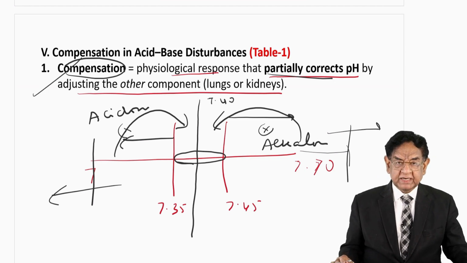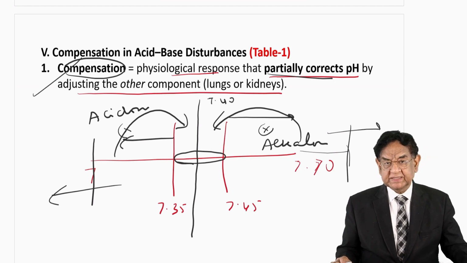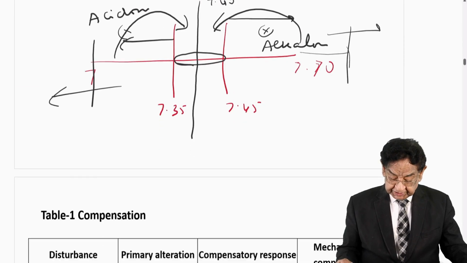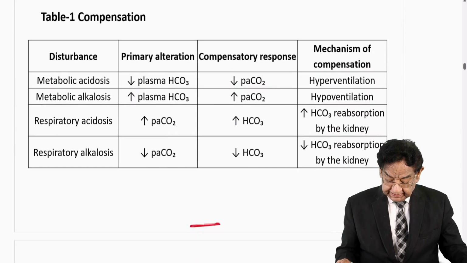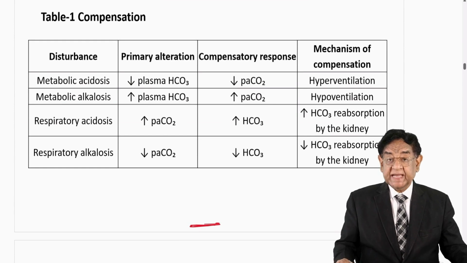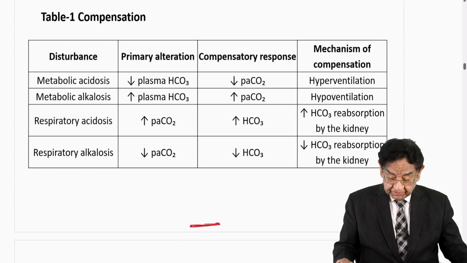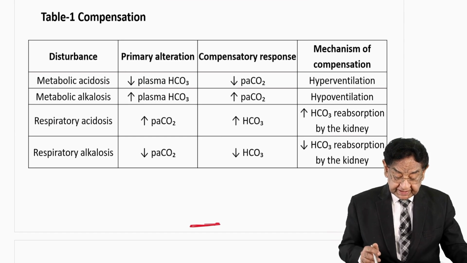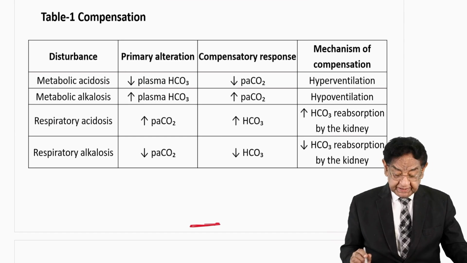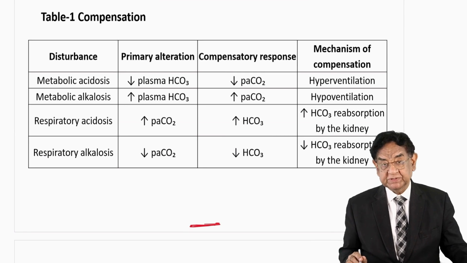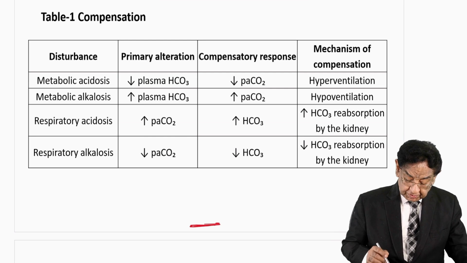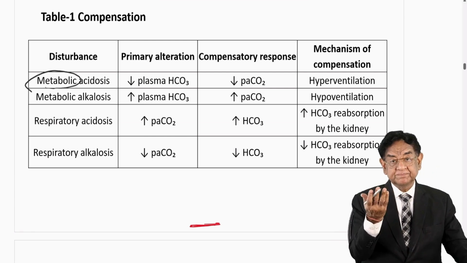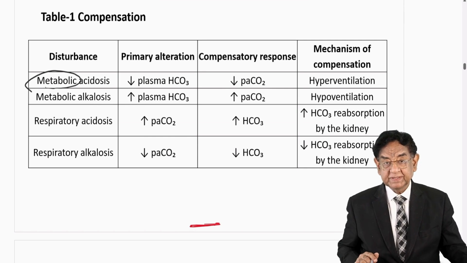So you heard and read the concept of compensation. Now let us see what the mechanism of compensation is. First of all, if I say the patient has metabolic acidosis, metabolic means some problem with the bicarbonate.